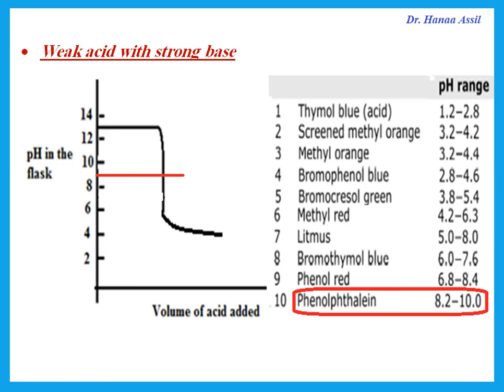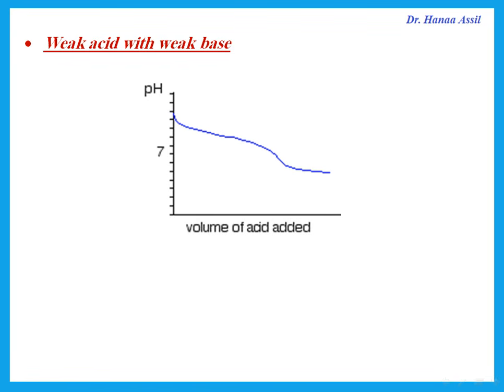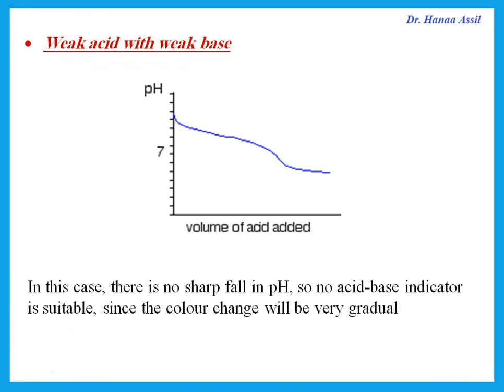What if I'm titrating a weak acid with a weak base? Problem is, there is no sharp decrease in pH at a certain point, so there is no clear equivalence point, and that means no acid-base indicator is suitable since the color change will be gradual.